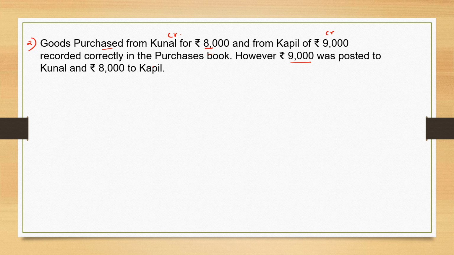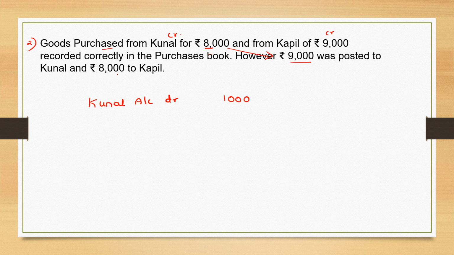Now we take each one. Kunal was to be credited with 8,000, but how much was he credited with? 9,000, which means he has been credited 1,000 more. So what should be done? We have to reduce 1,000. So to reduce a credit, what should we do? We should debit. So we will debit Kunal's account with 1,000 rupees. And for Kapil, the credit should have been for 9,000.